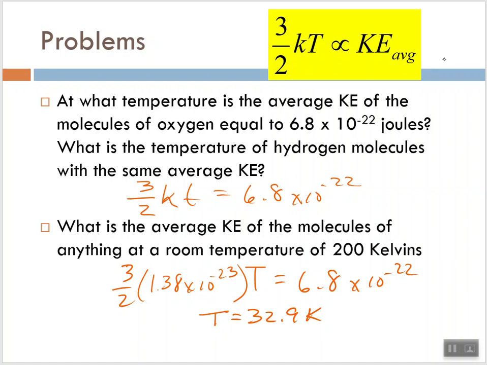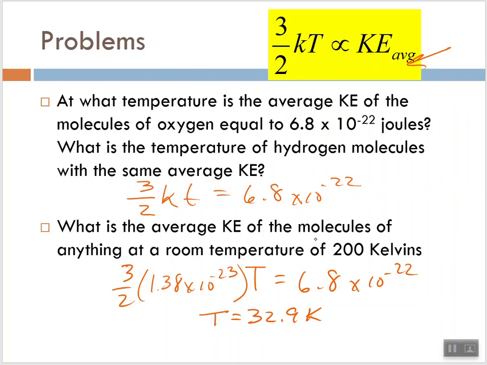Well, this equation is for gas molecules, so you're going to get the same result. I think it's actually for diatomic molecules, but you're going to get the same temperature for hydrogen molecules that you would for oxygen molecules. That's the thing about the ideal gas law, it's going to work for all of these gases.